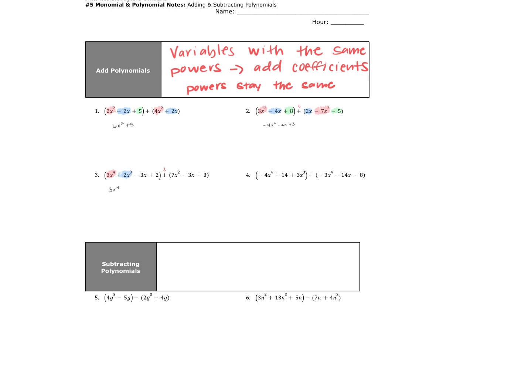That's the only one, so I'm just going to write plus 2x to the 3rd. The next thing I have is my x squared. I have a 7x squared right there. That's the only one I have, and it's positive, so I'm going to say plus 7x squared.